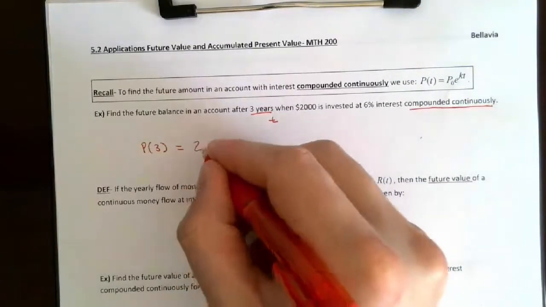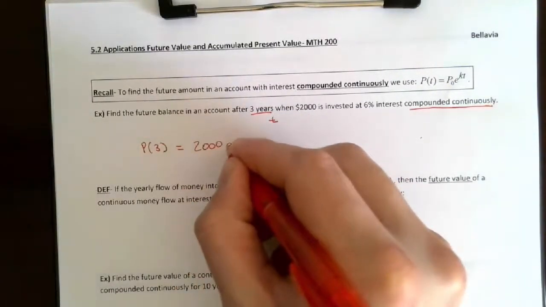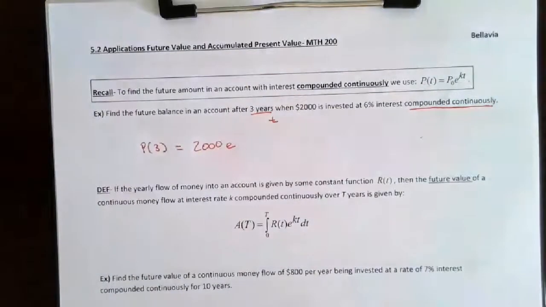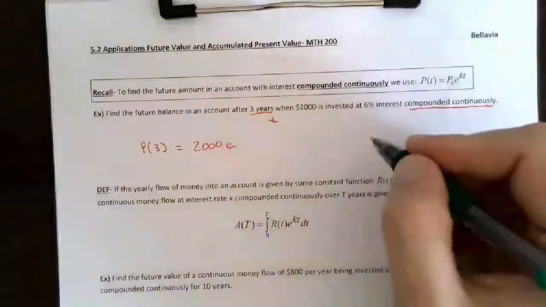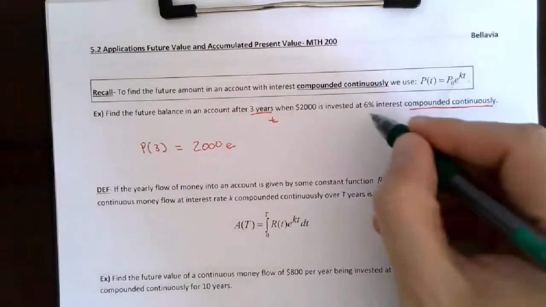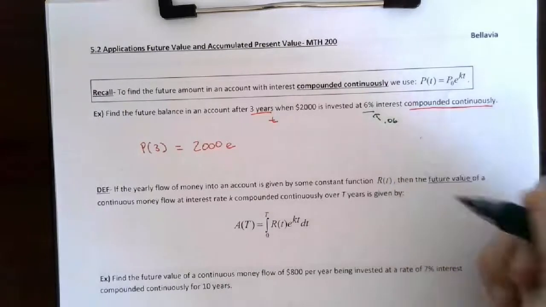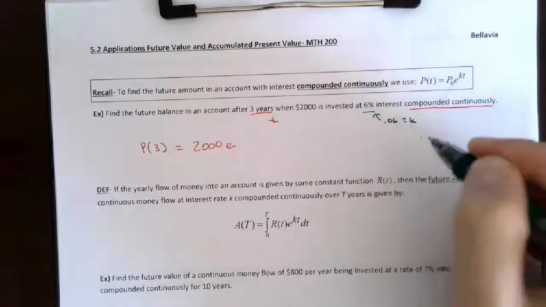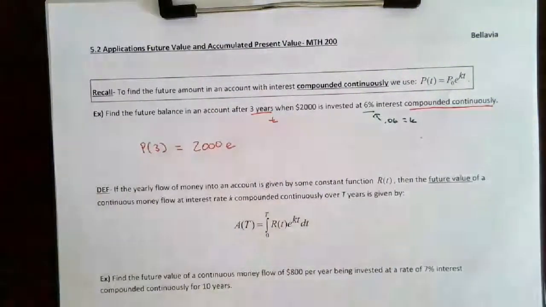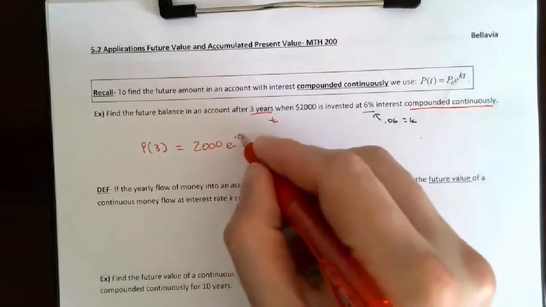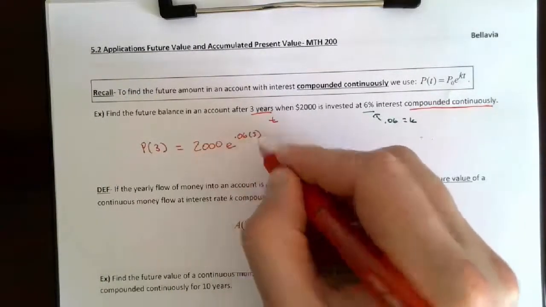So we have 2,000 e to the k. What's k? K is going to be this interest rate as a decimal, remember, so 6% would be 0.06, for k. So e to the 0.06 times 3 power t.